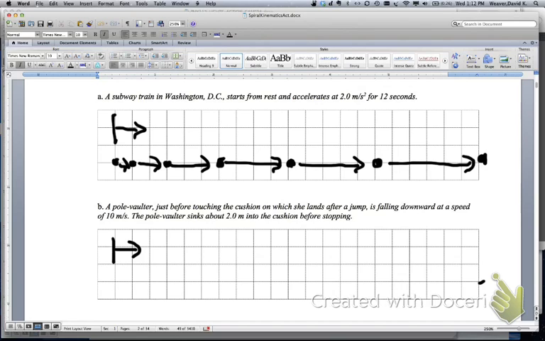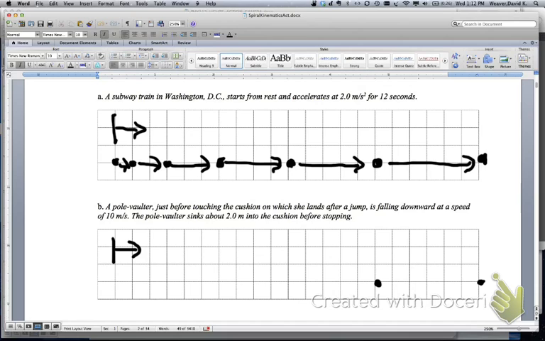So, what we have is a pole vaulter that has some position at the top of the cushion, and then over the course of time, and I'm just going to be kind of making this up, so that was 1, 2, 3, 4, 5, 6. We go down by 2. 1, 2, 3, 4.